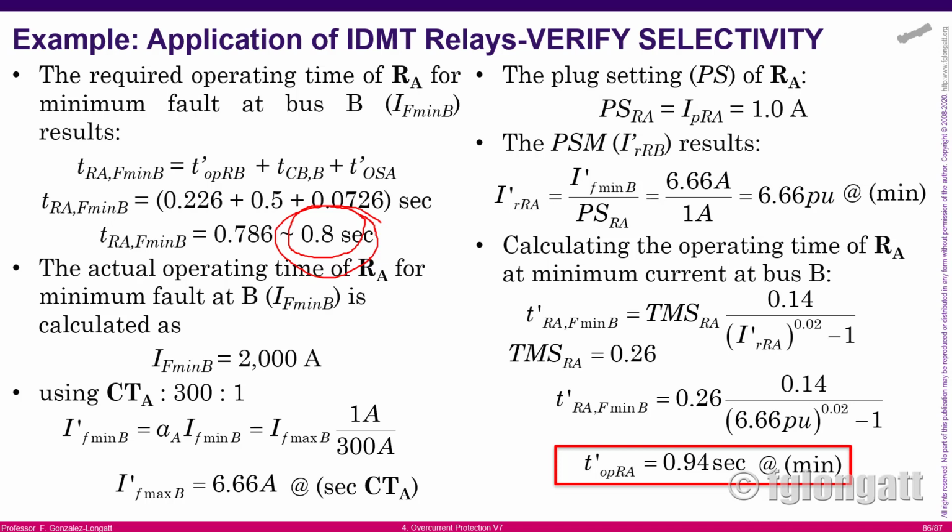And as a consequence, we keep the selectivity between the relays A and B, okay?